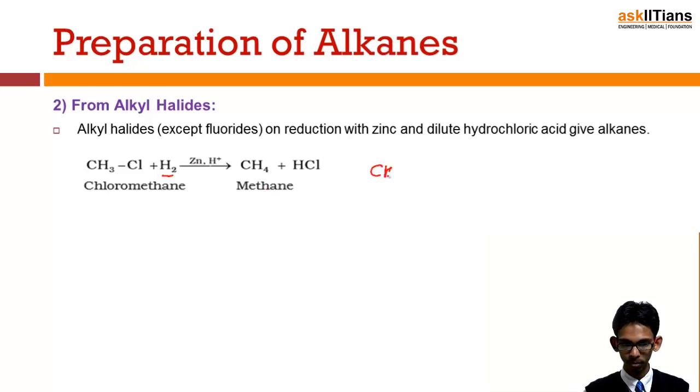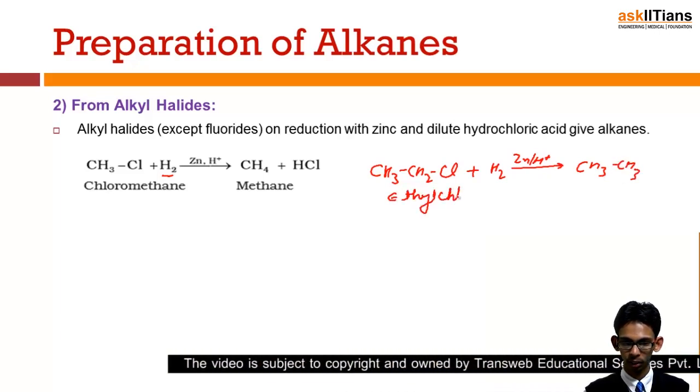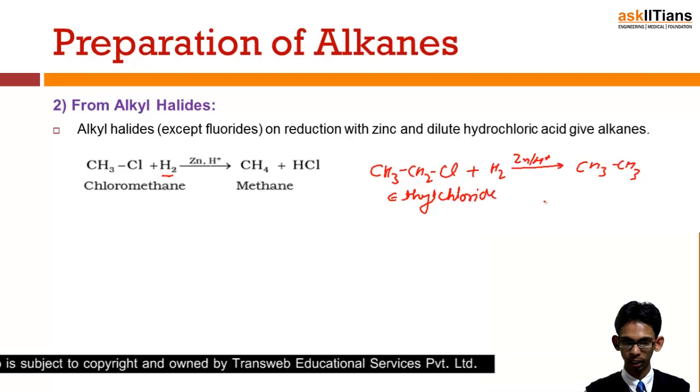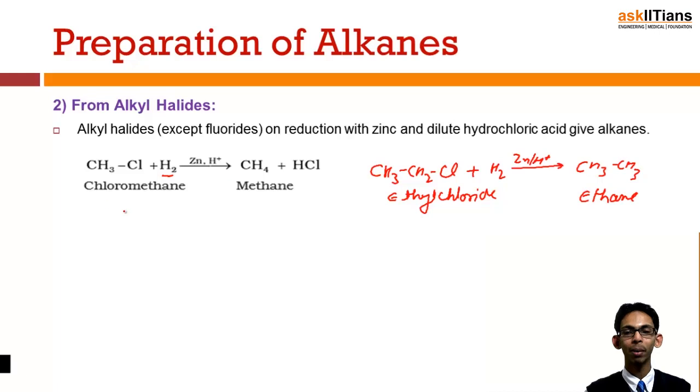Similarly, CH3CH2Cl, which is chloroethane or ethyl chloride, can be reduced in the presence of zinc and hydrochloric acid to form CH3CH3, which is ethane. So this is one method for preparation of alkanes from alkyl halides.